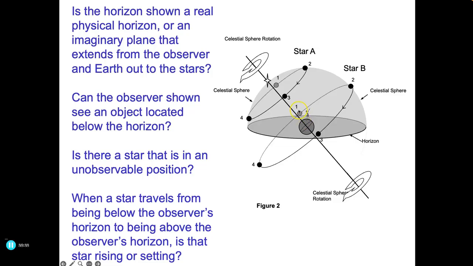If that's where stars rise, that must be due east. Looking over here, if you're looking at the horizon and your back is to the North Star, then this way must be due south. And over here, where stars go from above the horizon to below the horizon on the celestial equator, that's where star B is setting at position 3. That way must be due west.